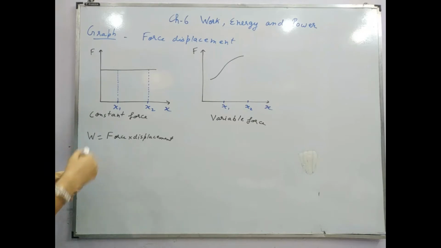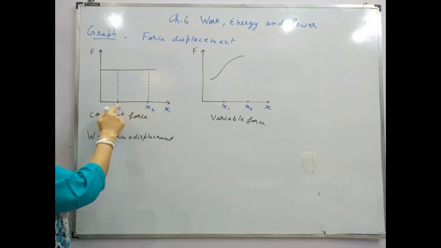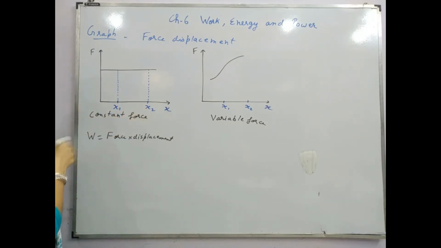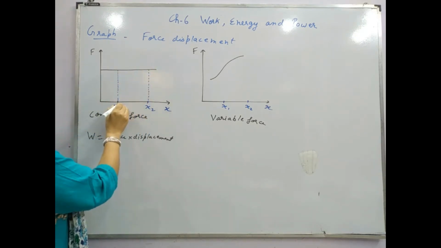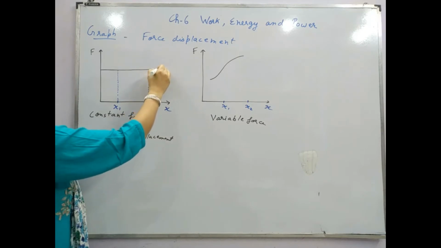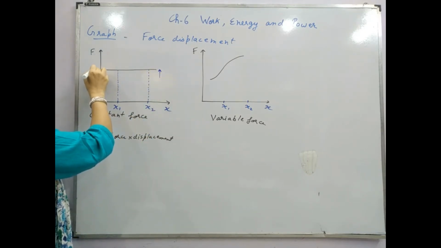In this case, the force is constant, and if we want to find the work done between the displacement x2 minus x1, how will we find? We know that for this x1 to x2 motion, how much is the force? Suppose this is the force.